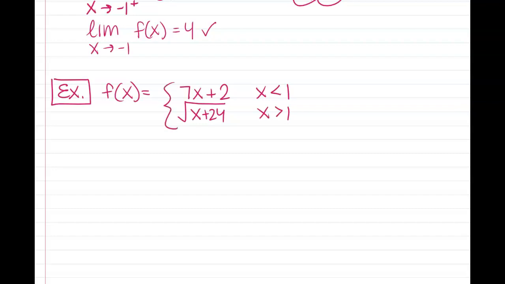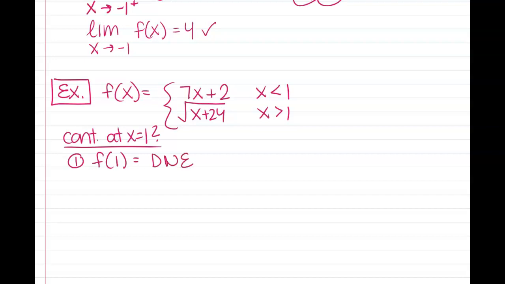So we'll check if it's continuous at 1. Our first step, what's f of 1? Well, it doesn't exist, right? It's not included in either of these inequalities. So it fails the continuity test right away. Nope, not continuous at x equals 1.